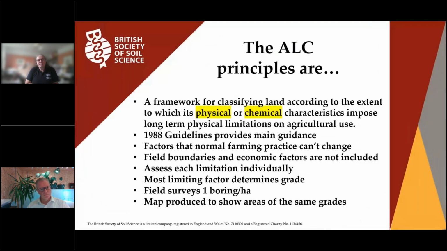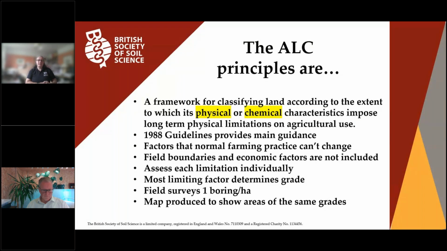So just to remind you again, the principles of the ALC system are that it's a framework for classifying agricultural land to the extent to which its physical or chemical characteristics impose long-term physical limitations on agricultural use. In other words, things that a farmer can change year to year are not included. It's the long-term physical characteristics that we're looking at. The 1988 guidelines are the main guidance. And as I said, the factors that normal farming practice can't change is what's considered.